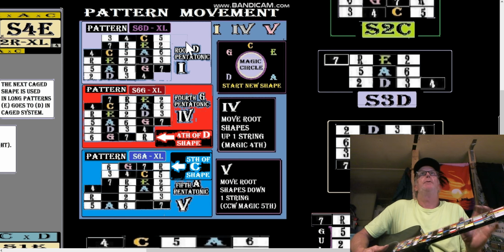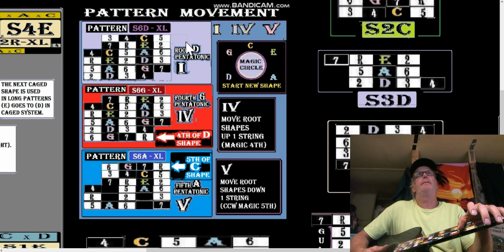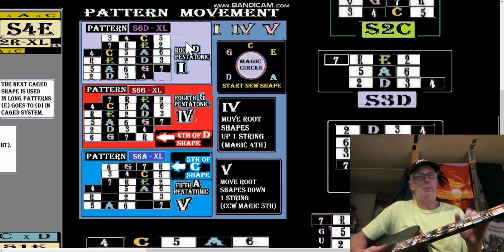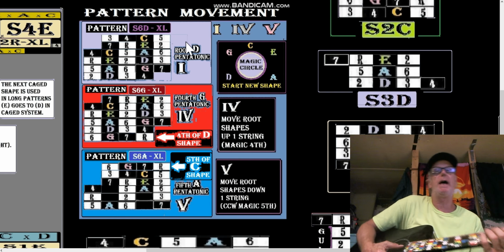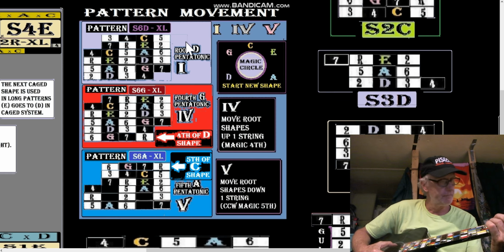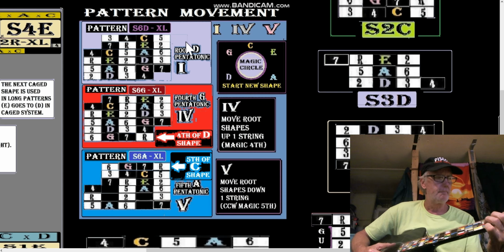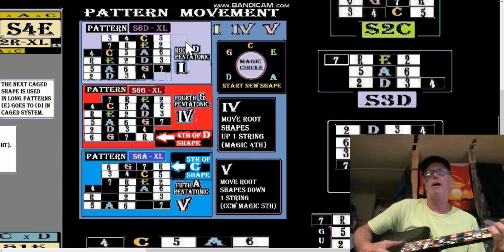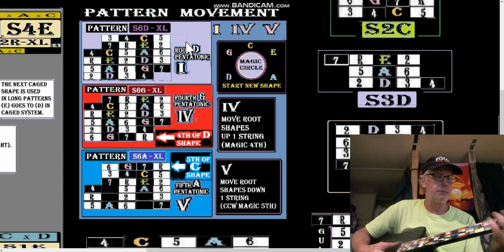Now if you want to move that shape up, you want to start without starting the pattern on the next shape up. So you're going, you know, it sounds like a harmony section or something.